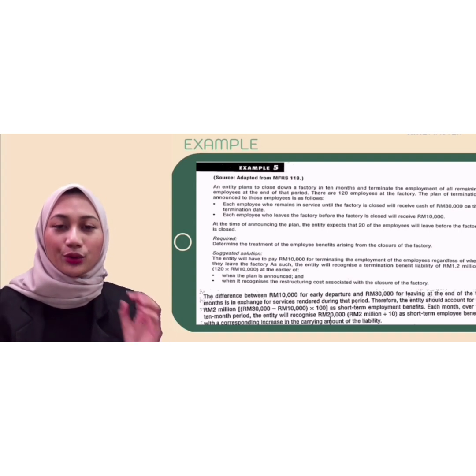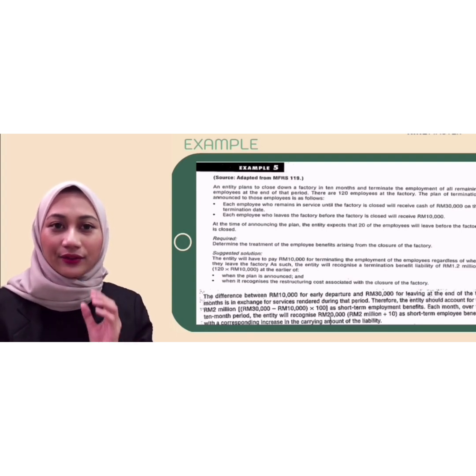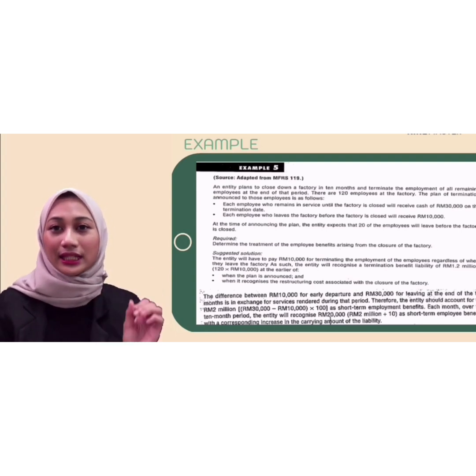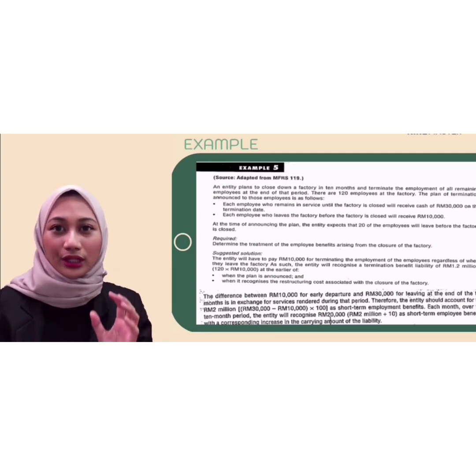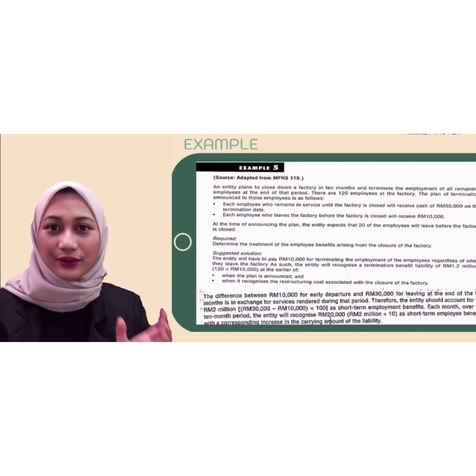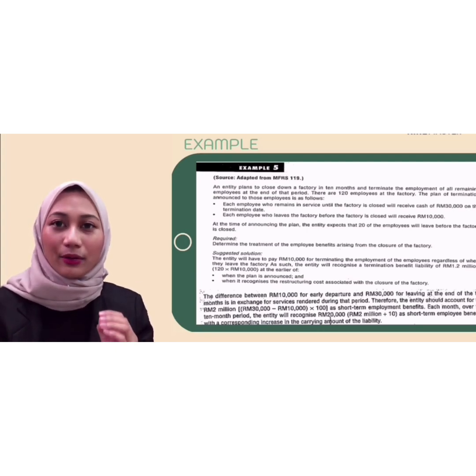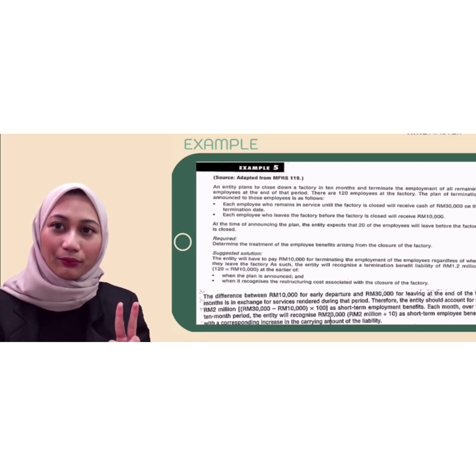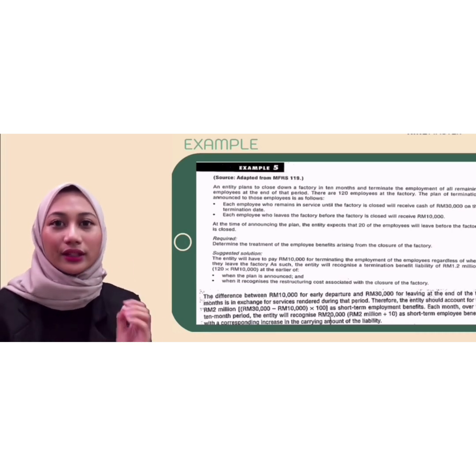Each employee who remains in the service until the factory is closed will receive 30,000, and each employee who leaves the factory before the factory is closed will receive 10,000. At the time of announcing the plan, the entity expects 20 of the employees will leave before the factory closes.